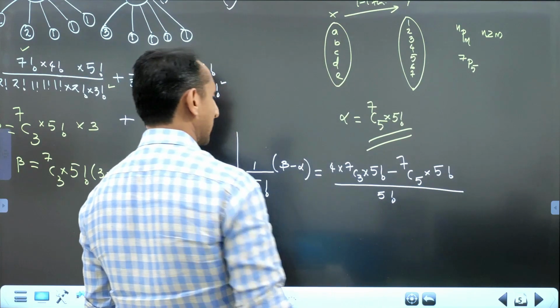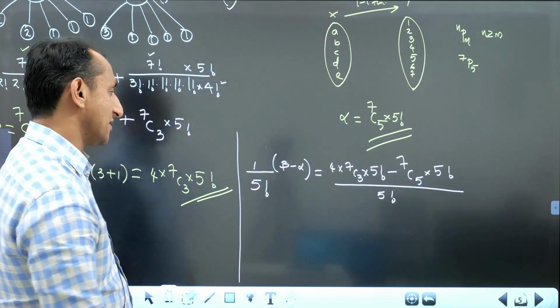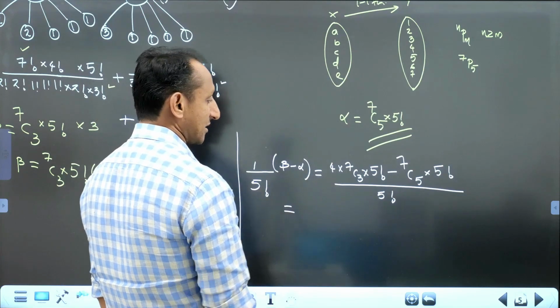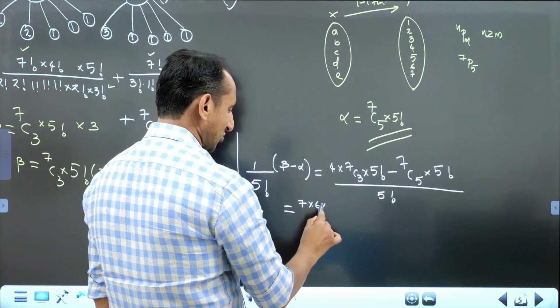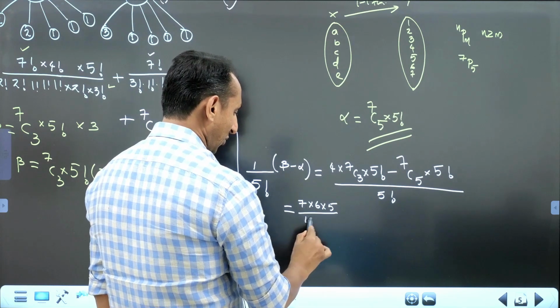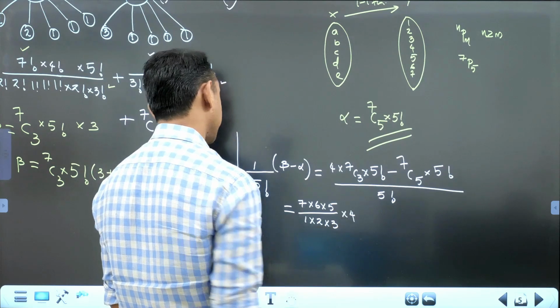This 5 factorial is taken common and cancelled. Remaining, what is 7C3? 7 into 6 into 5 by 1 into 2 into 3 into 4.